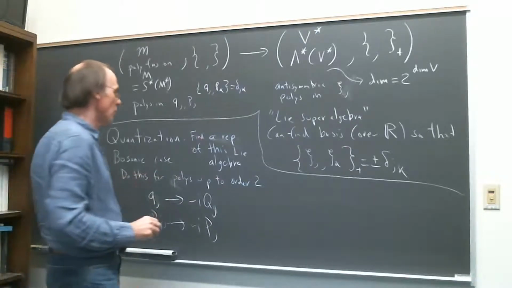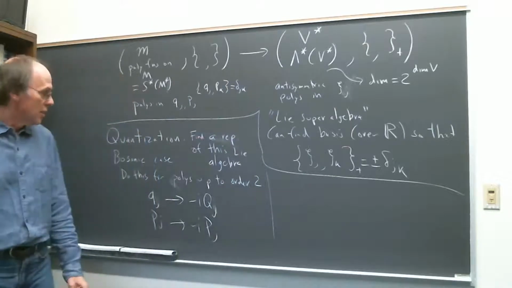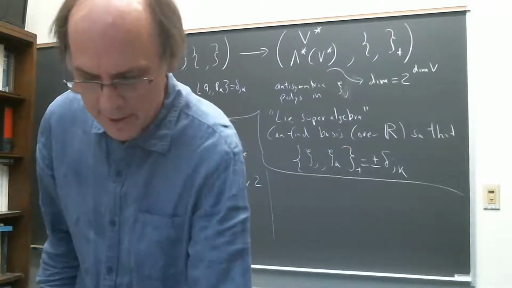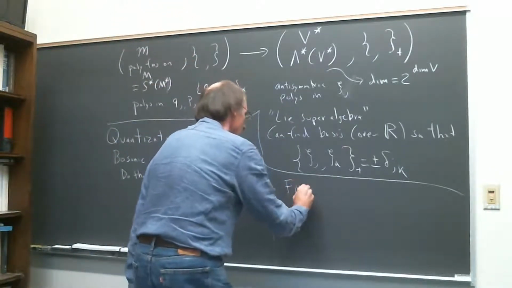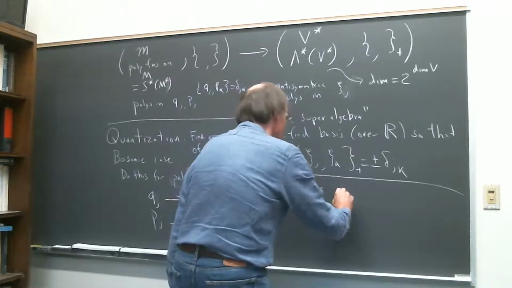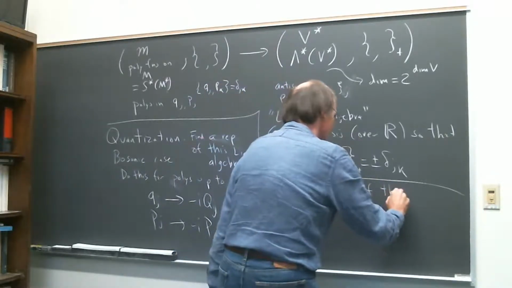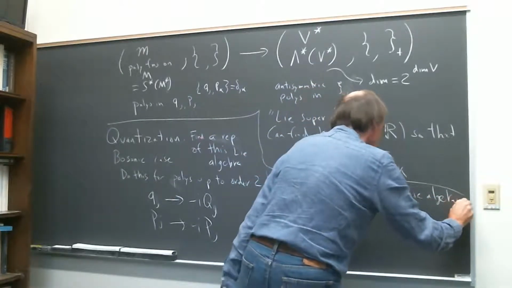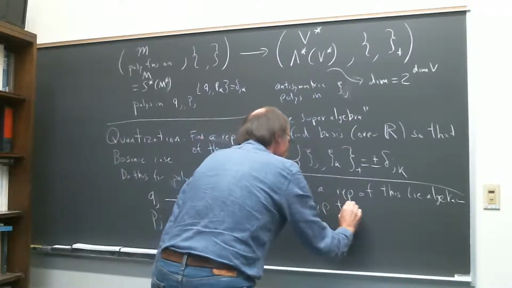Okay, so now what we want to do in the fermionic case is the same thing. So the way we do this, we're going to find a representation of this Lie algebra, up to quadratic.